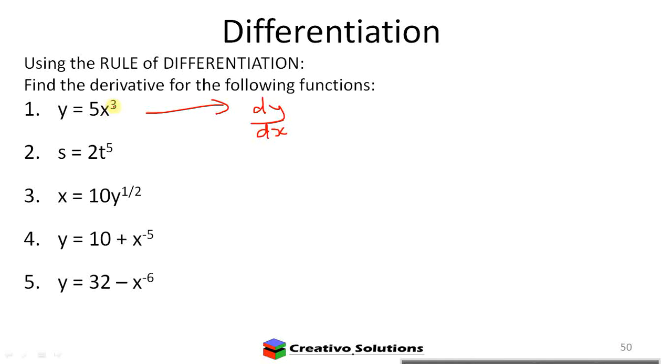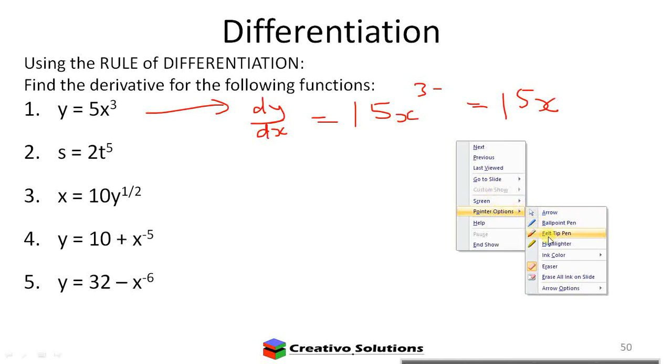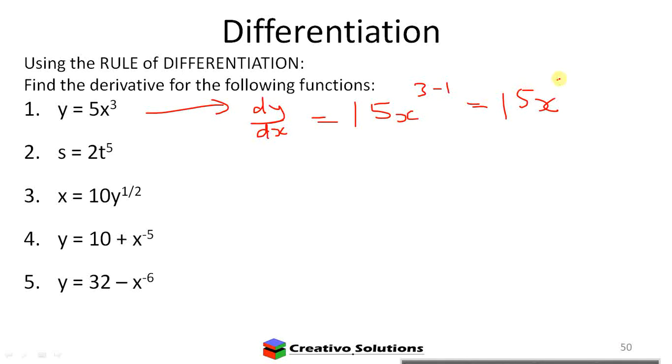So if I have 3 as the exponent, what is 3 times 5? 15. x to the 3 minus 2. 15 x to the 3 minus 1, which is 2. It's the exact same thing. There's the derivative.